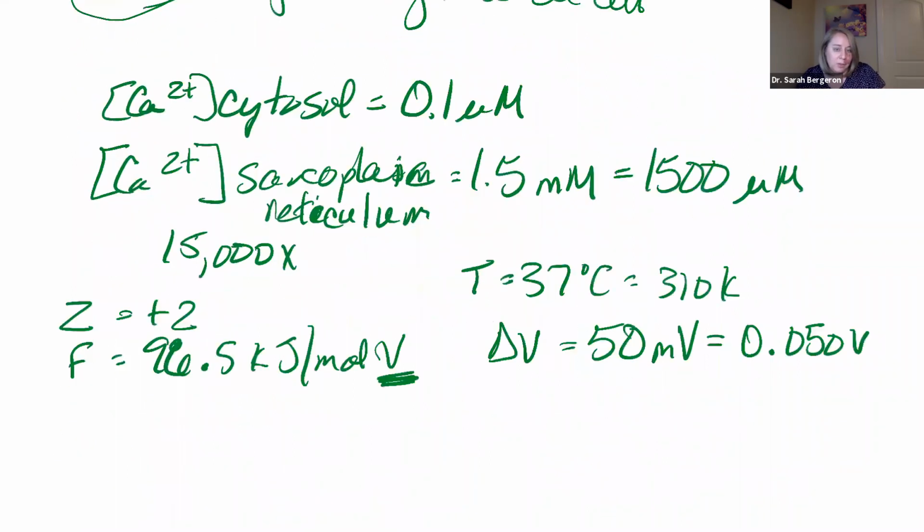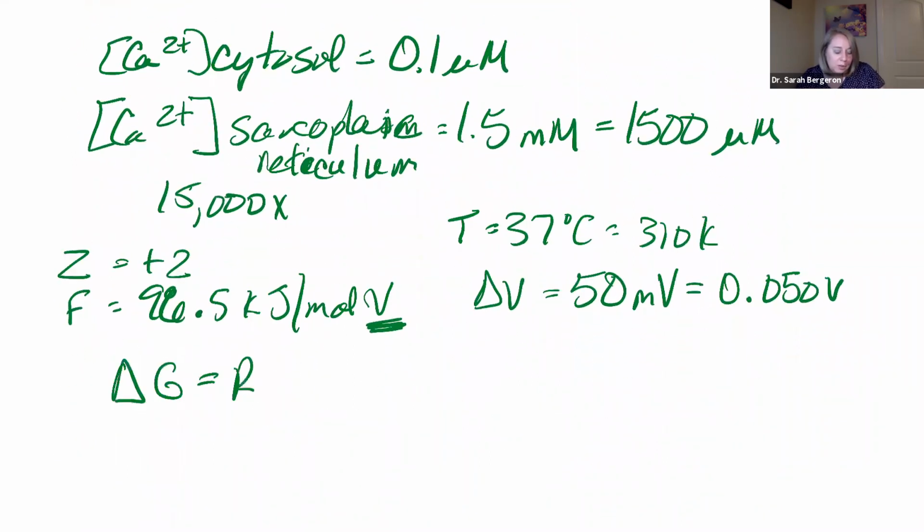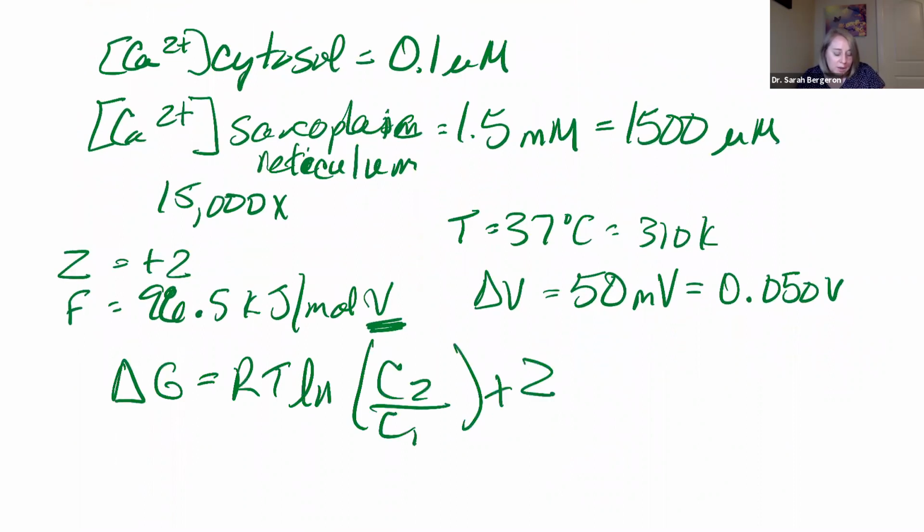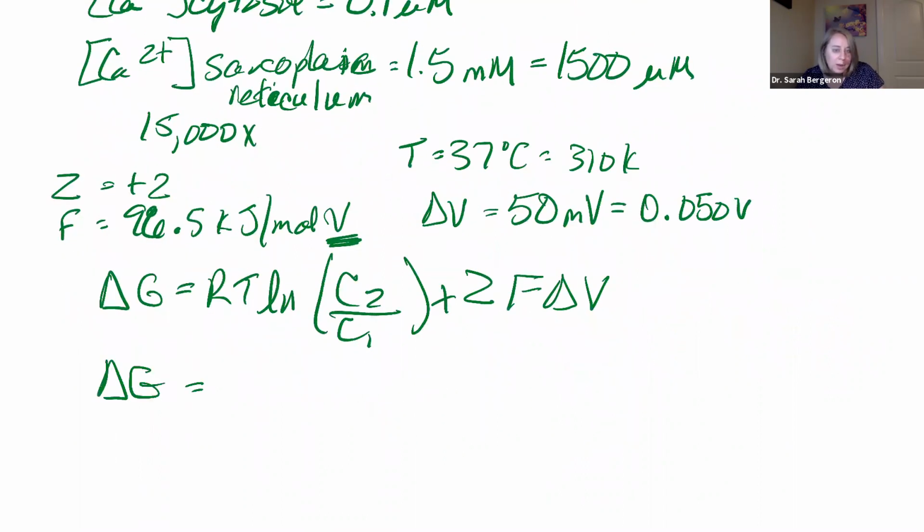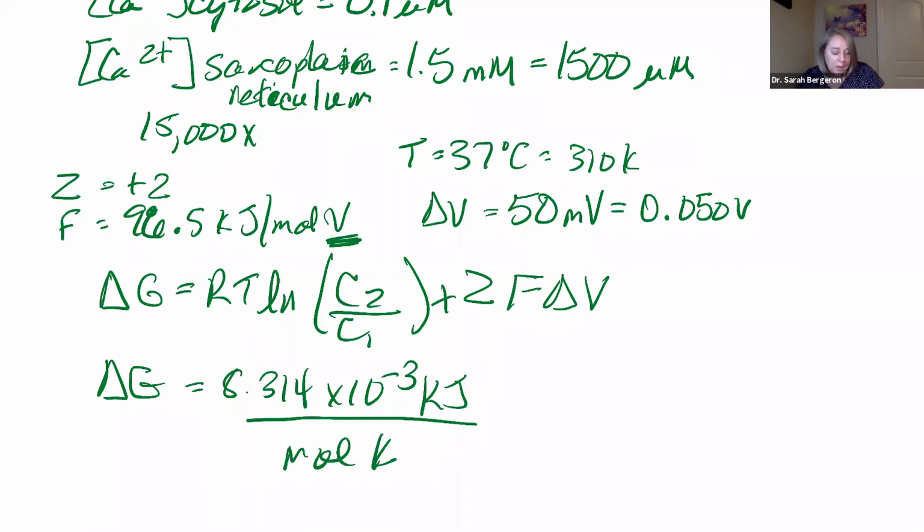All right, so now we're going to plug it into our equation. Delta G is equal to RT ln C2 over C1 plus Z, our charge, times Faraday's, times our membrane potential. So plug them in: 8.314 times 10 to the minus 3, because we want to be in kilojoules per mole K, times natural log of C2, where we're going, which has a concentration of 1500 micromolar, over where we're starting, 0.1 micromolar.